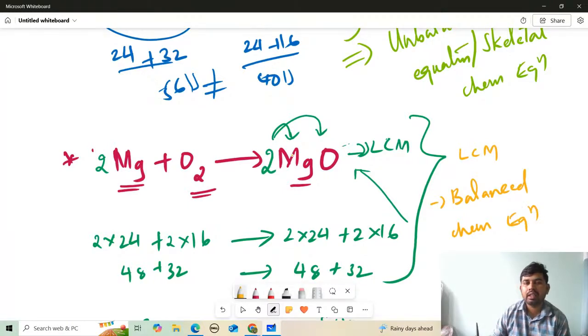Now there is a need to learn how to balance chemical equations. This is quite a simple equation, but certain equations are somewhat larger. How can we balance them? That we are going to learn now.